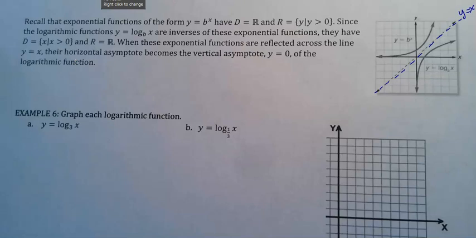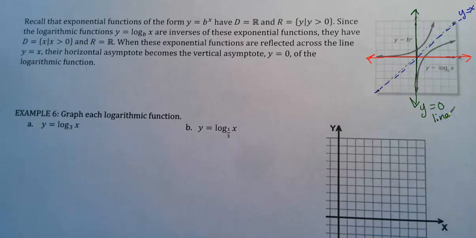So for this first one, y equals b to the power of x, we had a horizontal asymptote. Okay, so now when they reflect, the asymptote becomes a vertical. This is a vertical asymptote for the logarithm, and this is the y equals 0 line.